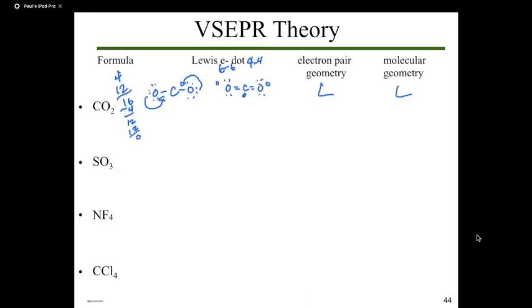Nitrogen brings in how many? How many valence electrons? 5. How many does fluorine bring in? 7. Times 4, 28. All right, we got an issue that I forgot to tell you.